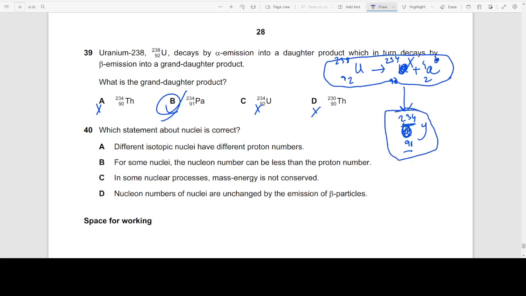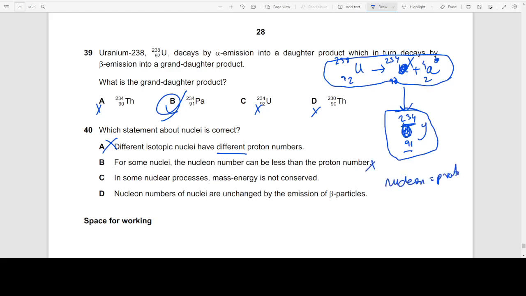Which statement about nuclei is correct? Different isotopic nuclei have different proton numbers. Wrong. Isotopes have the same atomic number but different mass number, due to a difference in neutron number. For some nuclei the nucleon number can be less than the proton number. Definitely not, because nucleon number includes proton number.